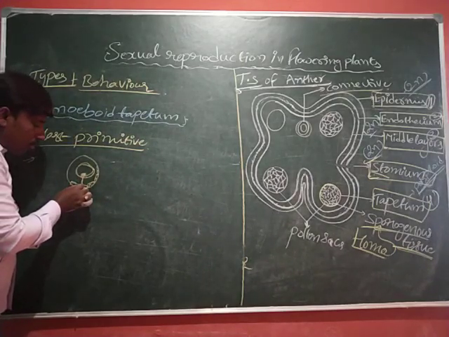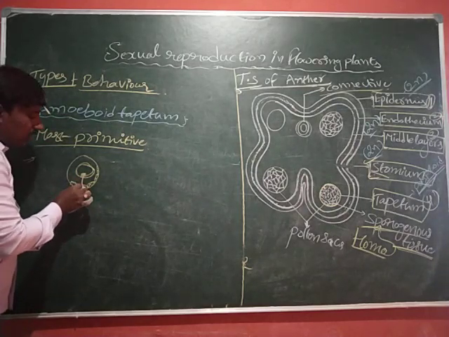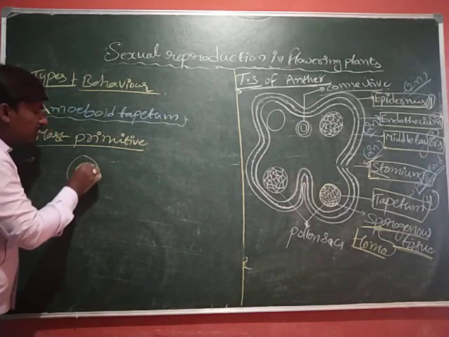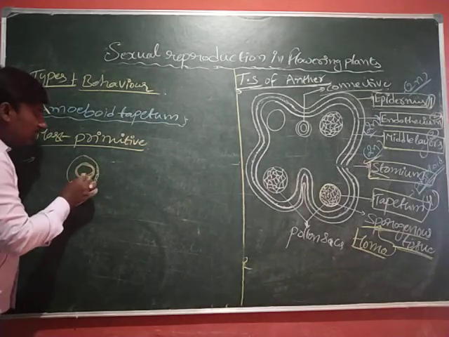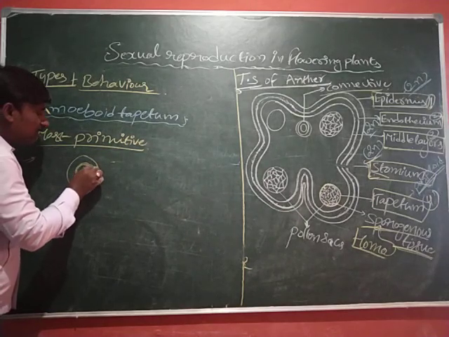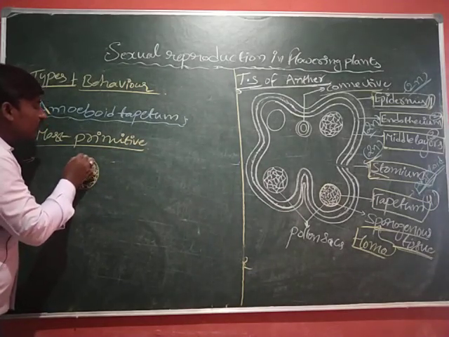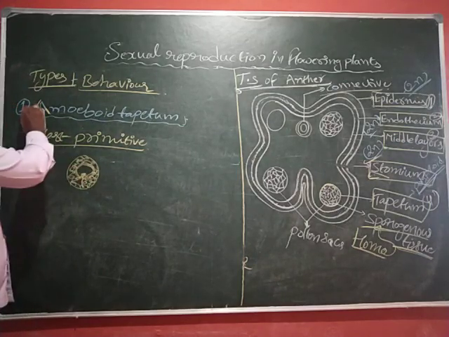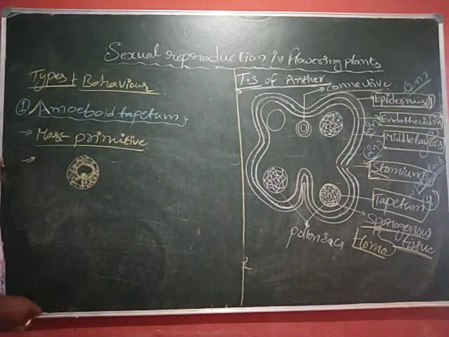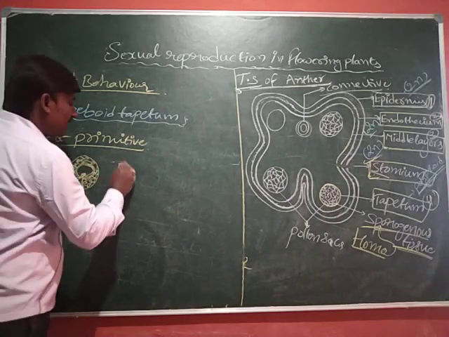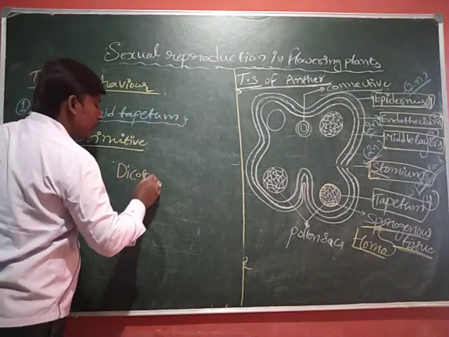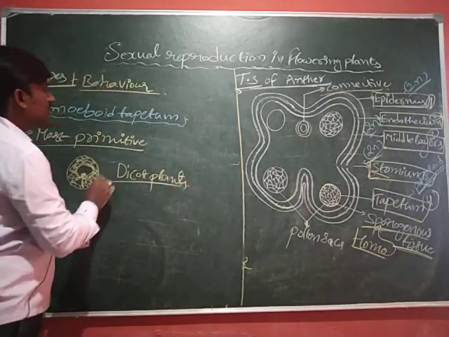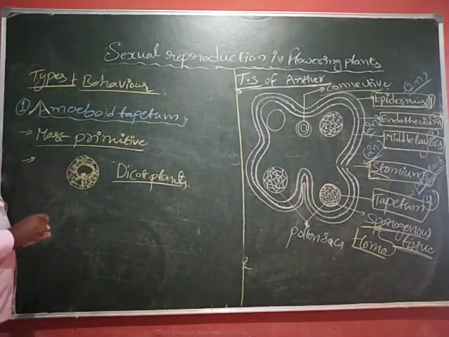After the breakdown, the contents of the tapetal cells are released into the pollen sac, and this content is utilized by developing pollen grains. This amoeboid tapetum is generally found in dicot plants, in the majority of dicot plants.